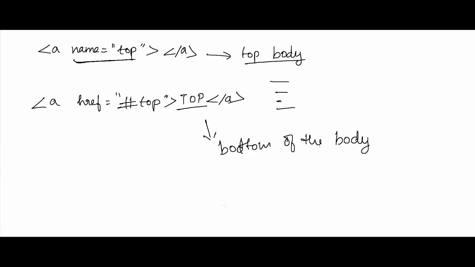So that after rendering many lines, thousands of lines, when you move to the bottom of the website, there you can find this top link. When I click on this top, it will automatically move to the top of the body. This is the named link. Let me quickly see how to use this in a program.